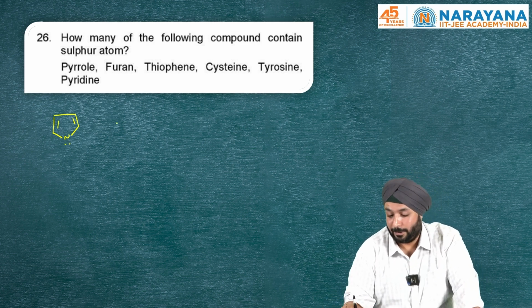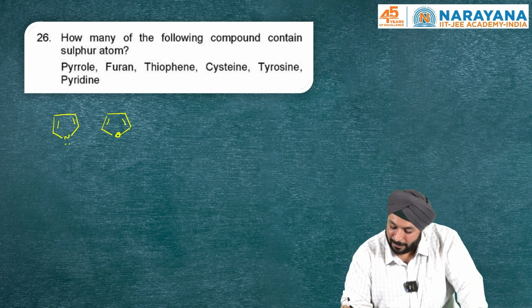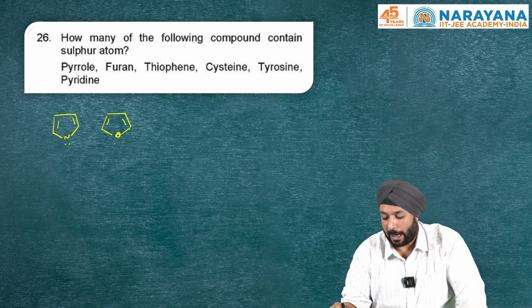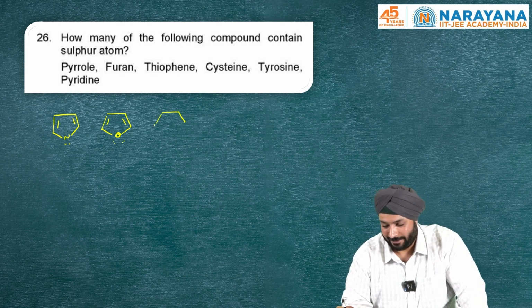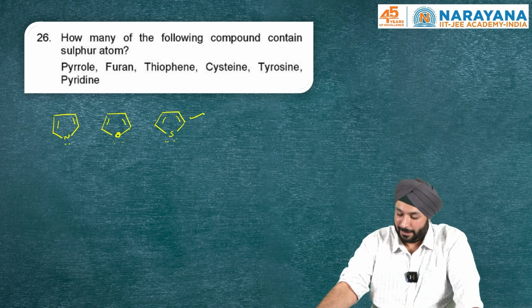No sulfur. Furan, I have oxygen. Everyone knows that aromatic species. Thiophene is also known as thiofuran. Instead of oxygen, you have sulfur. So yeah, this is one of the options, right?